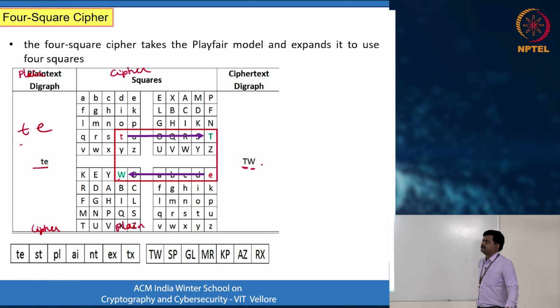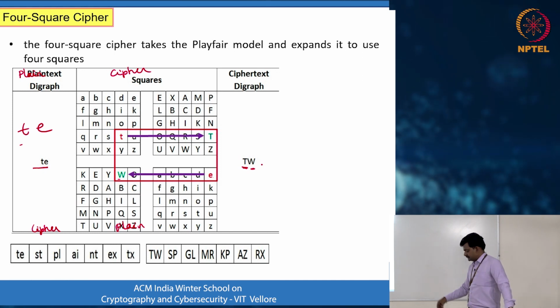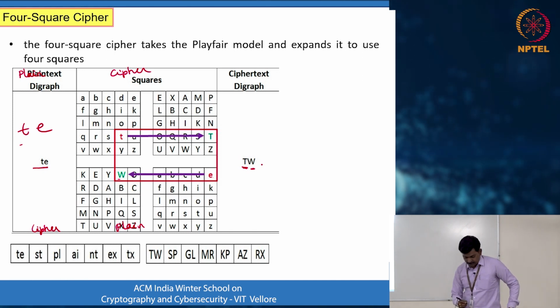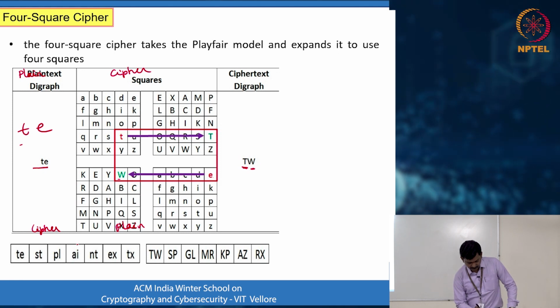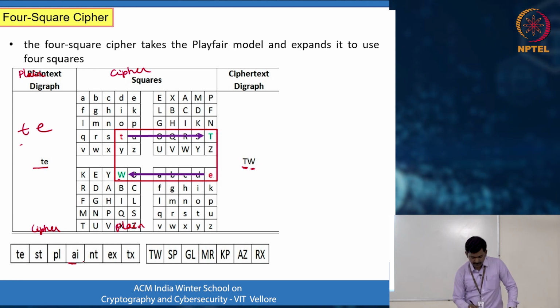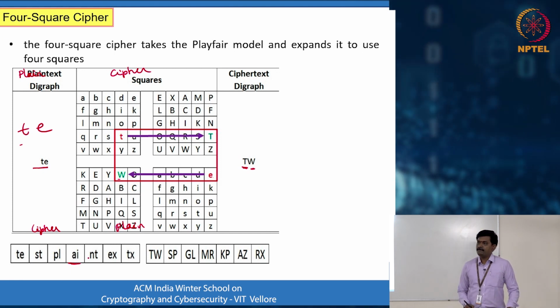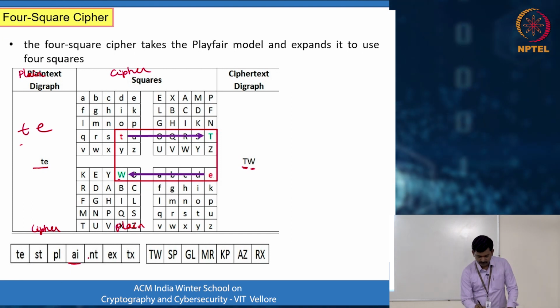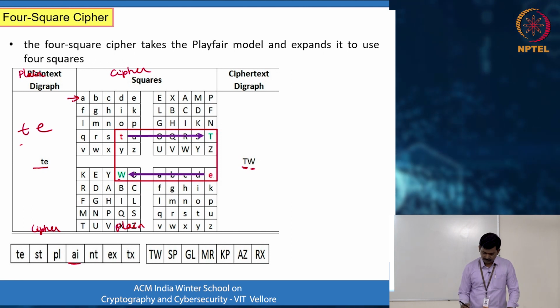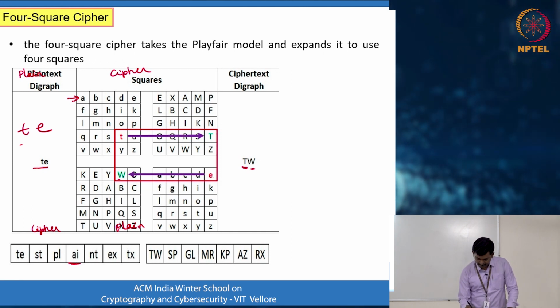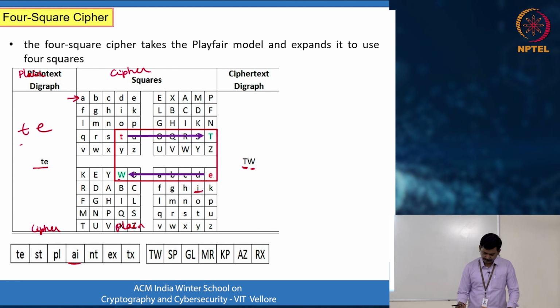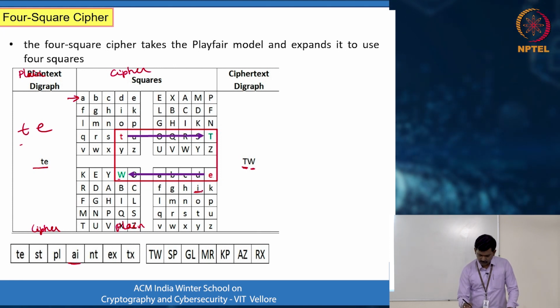Is that clear? Can you try for the others? So take an example, AI. Where is A in the plain text? Here. And where is I? Here. So what is the corresponding cipher for A?